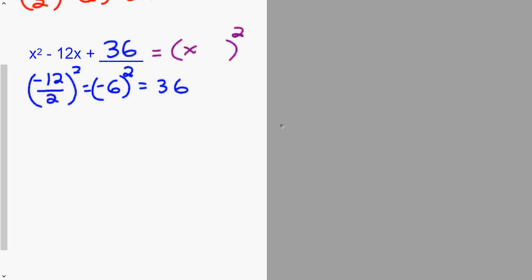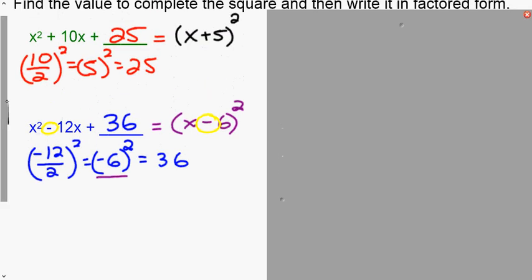What did I square? Well, I squared negative 6. So minus 6. The sign of b and the sign in my final factored answer will always be the same. So if b is negative, I'm going to have a minus in my factored answer. If b is positive, then it's positive in my factored answer, as we saw with the first example.